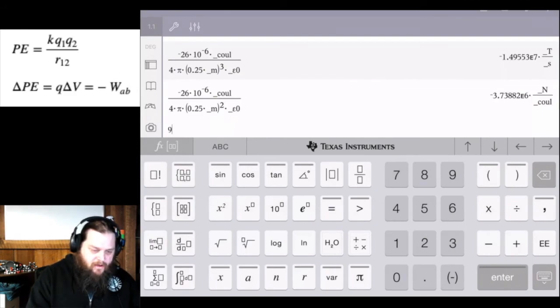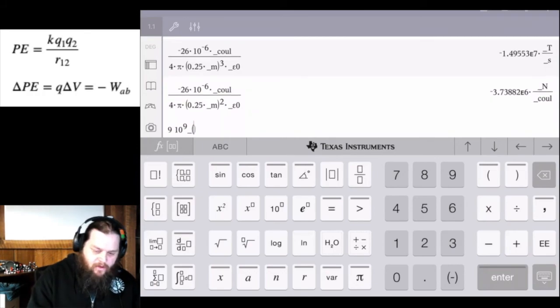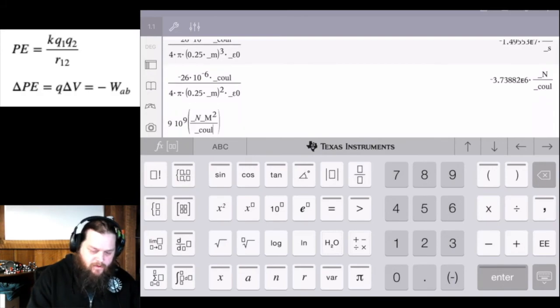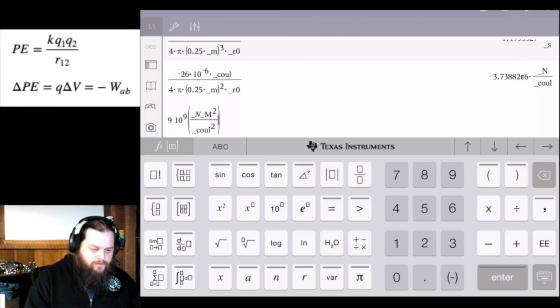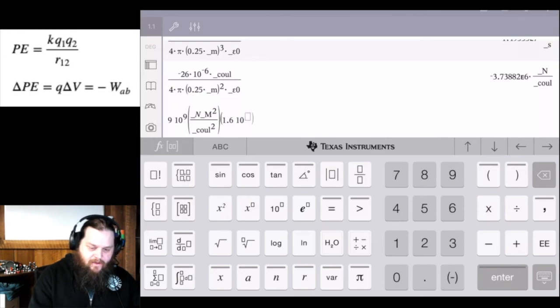So if I say 9 times 10 to the 9th power, I'm going to give it the units of newton meters squared over coulomb squared. And we're going to multiply that by the product of those two charges, which I'm just going to say is 1.6 times 10 to the negative 19 coulombs squared.